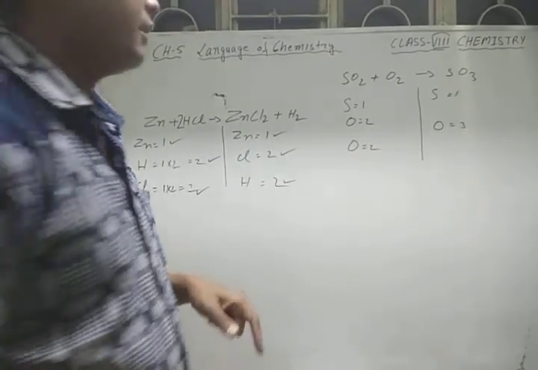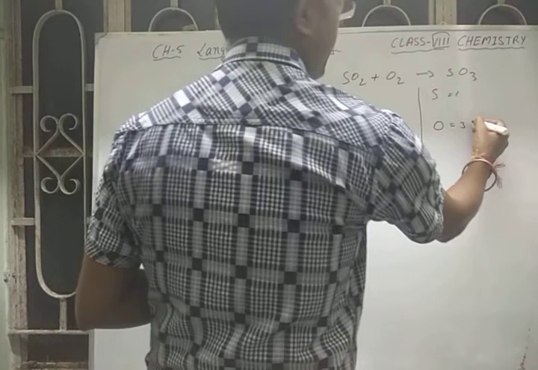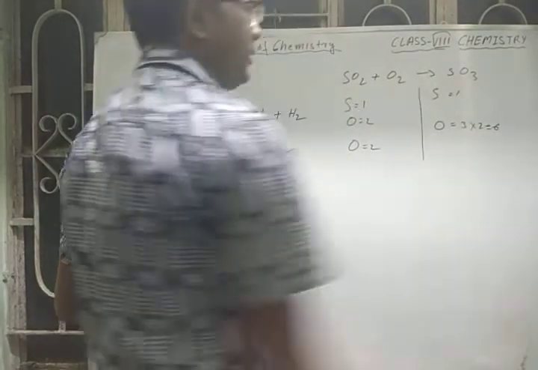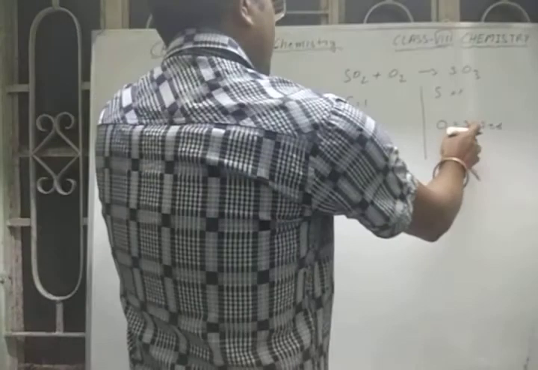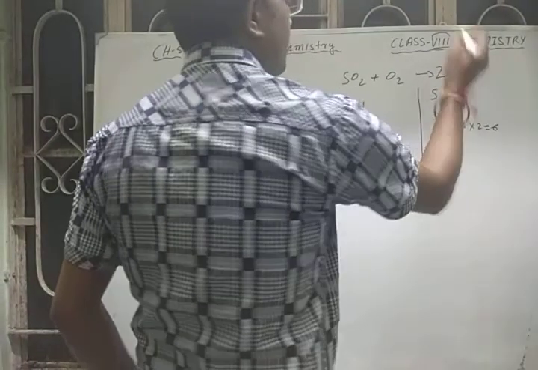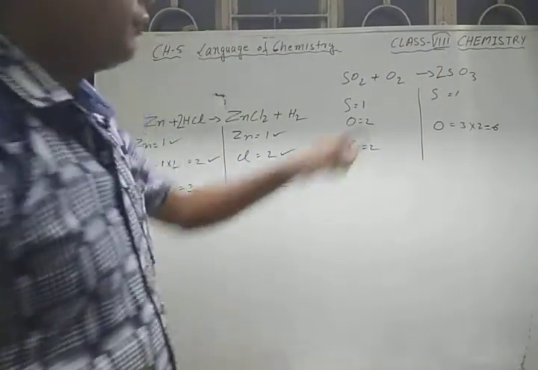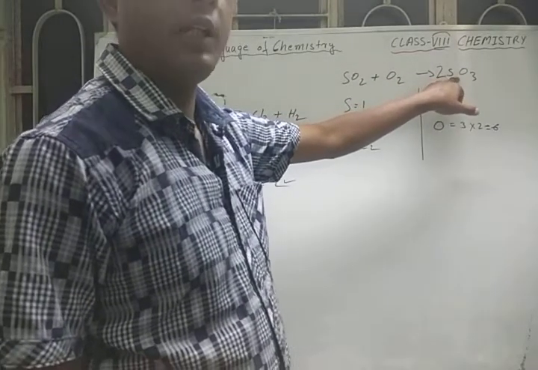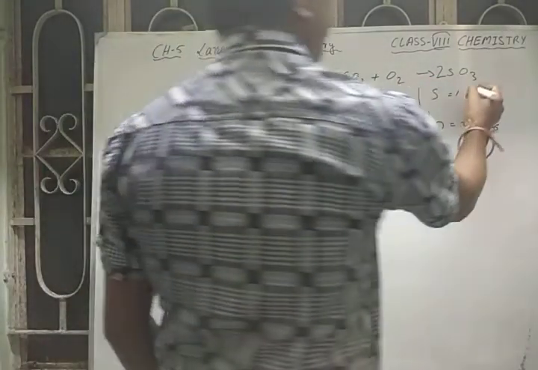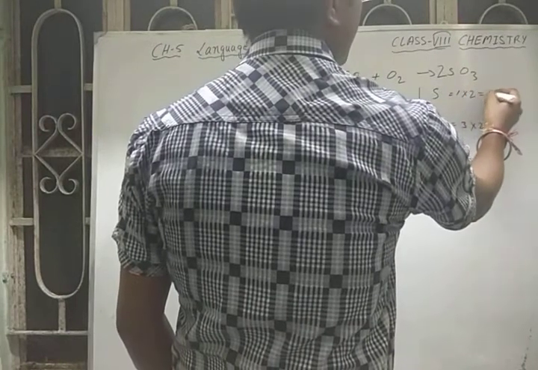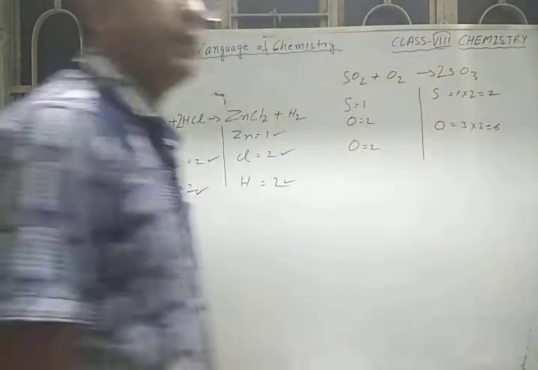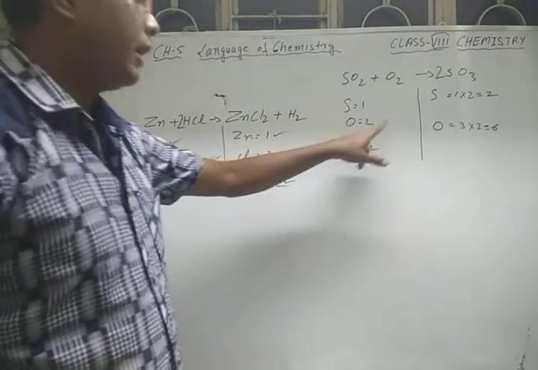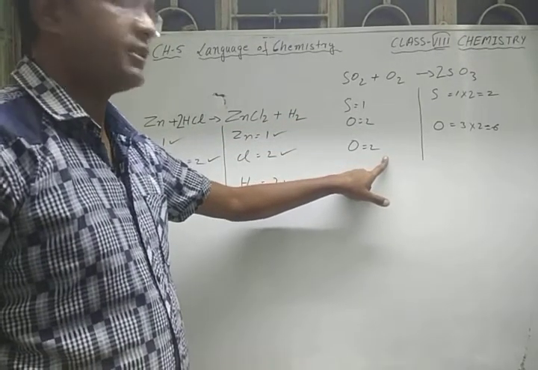If you want to make this 3 into 6, you have to multiply it by 2, so you have to write 2 in front of SO3. If you write 2 in front of SO3, that 2 also applies to sulfur, so sulfur will also get multiplied by 2 and become 2, but here sulfur is 1. So the equation is not yet balanced.